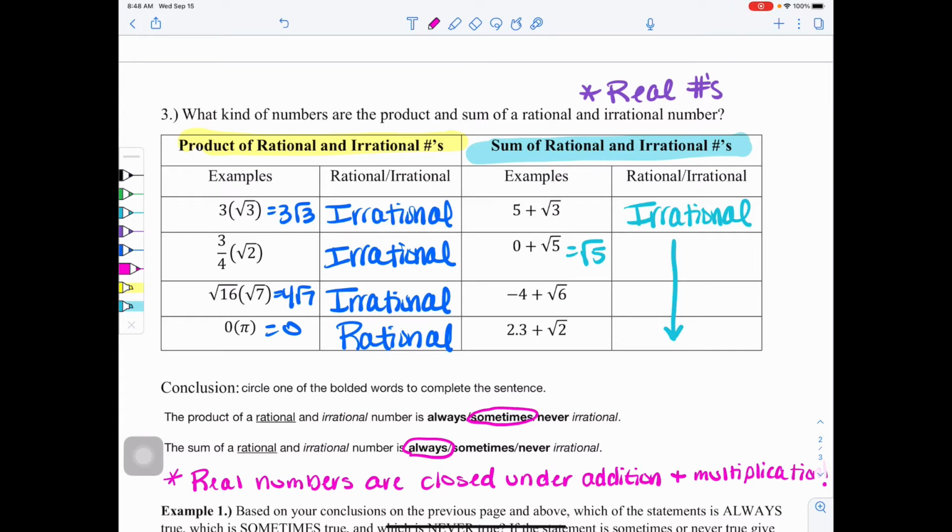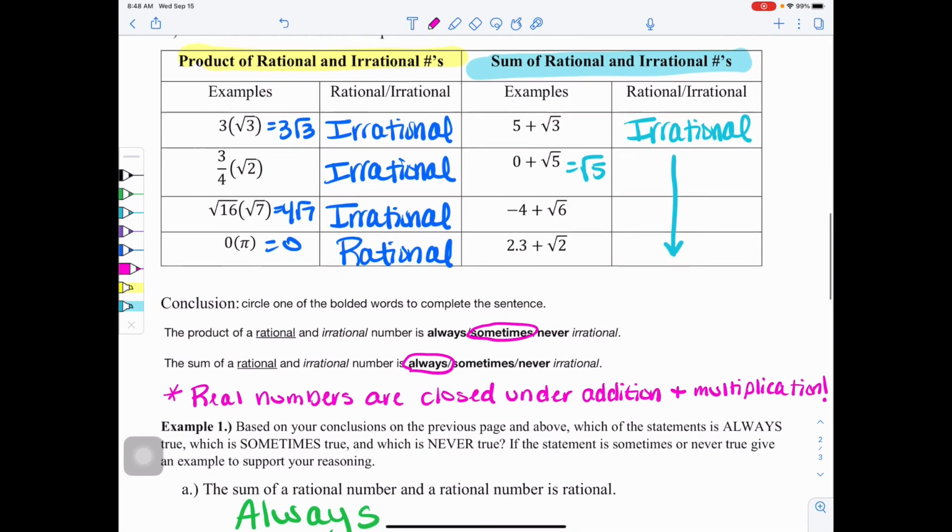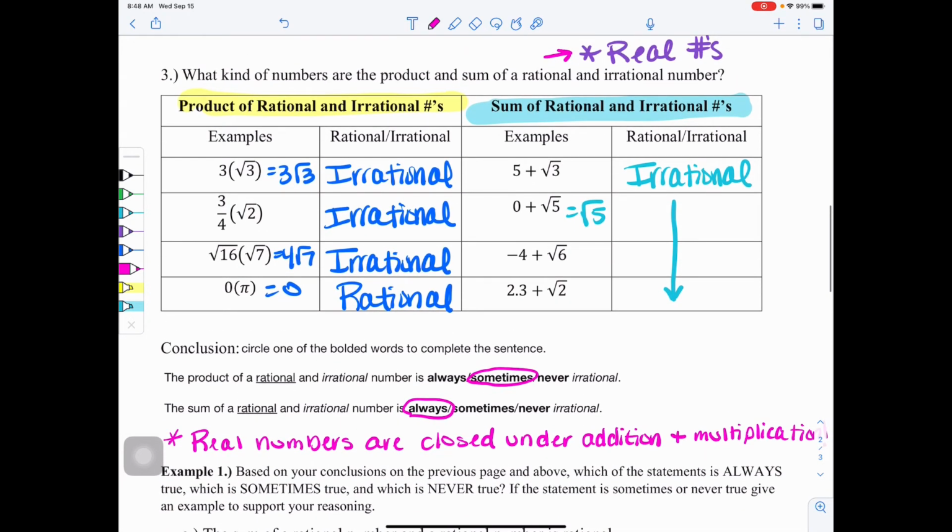So make sure you add that at the top, right here. If we put those 2 groups together, we're looking at the real numbers. So our last conclusion that we need to make here is that real numbers are closed under addition and multiplication when you look at the big picture.